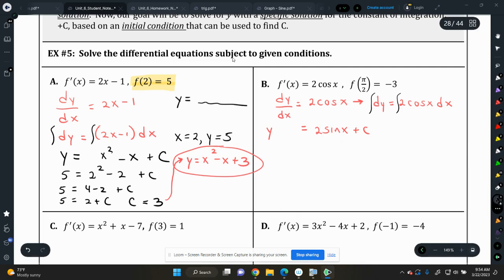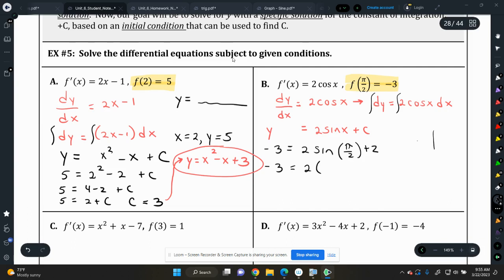Okay, so now we're going to go back up here and use the condition that they gave us. So what do I do with that? Where does everything plug in? Negative 3 equals 2 sine of pi over 2 plus c. So we have to know our trigonometry. What's the sine of pi over 2?